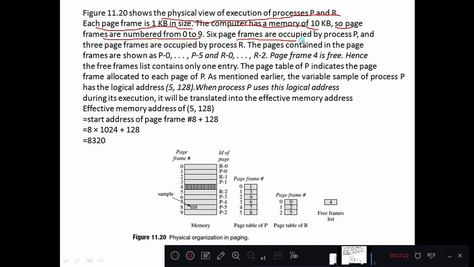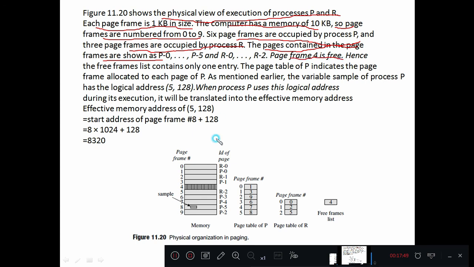6 page frames are occupied by process P, as we have already seen, because its size is 5500 bytes, and 3 page frames are occupied by process R. The pages contained in the page frames are shown as P0 to P5 and R0 to R2, because process P requires 6 pages, process R requires 3 pages.